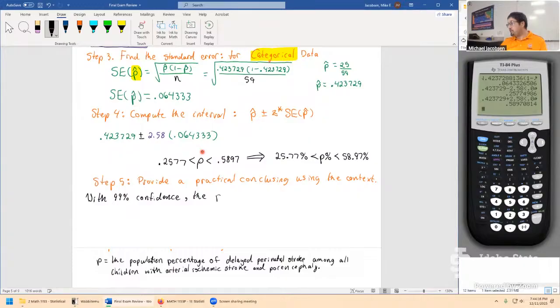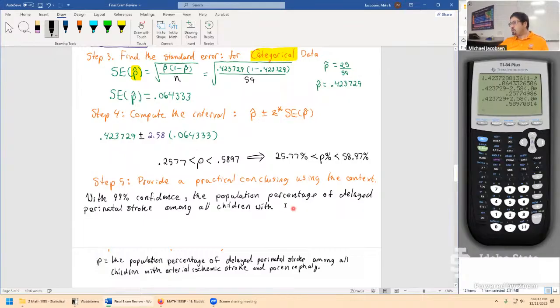The population percentage of delayed perinatal stroke among all children with, and if you just said these conditions, I would say that's probably appropriate on this as a final exam.